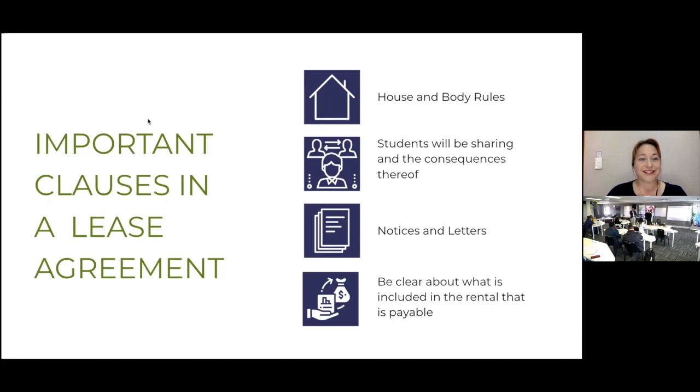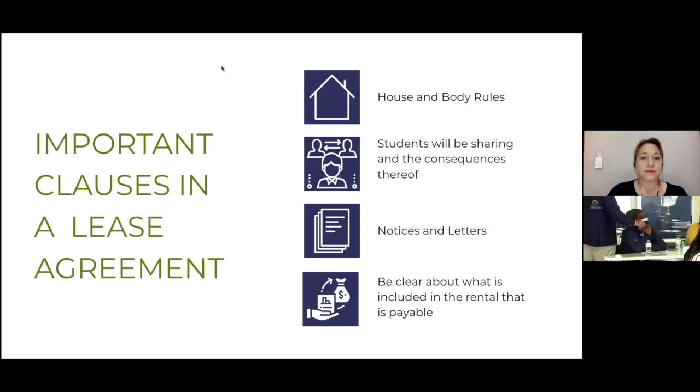Next question. Any questions on the floor? To what extent can you align the lease agreement with the rules of the university where they have residence? Do they force you to align the two, or can you do as you want?